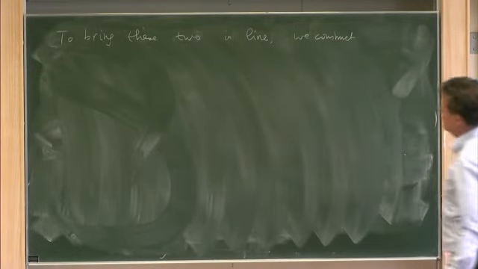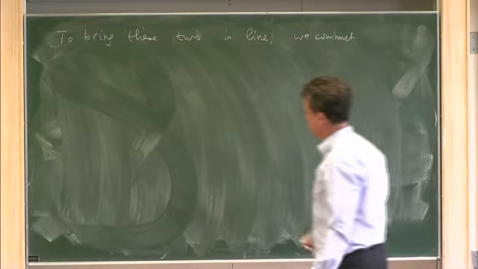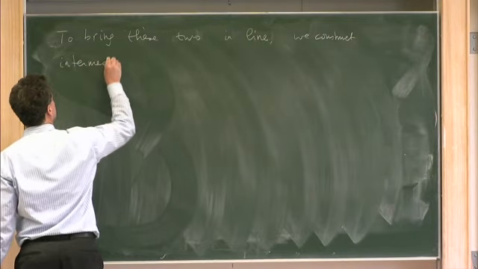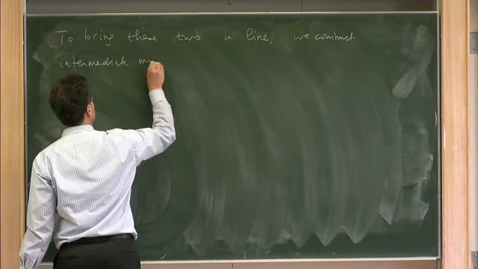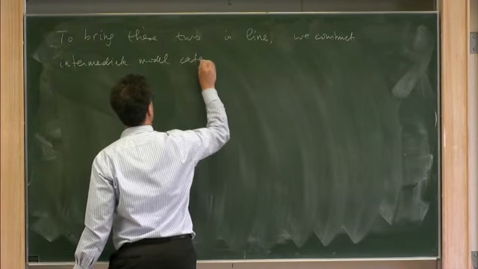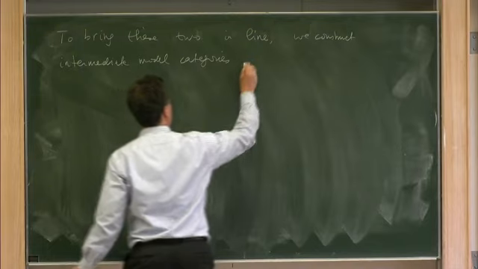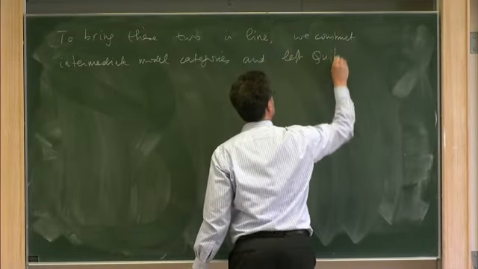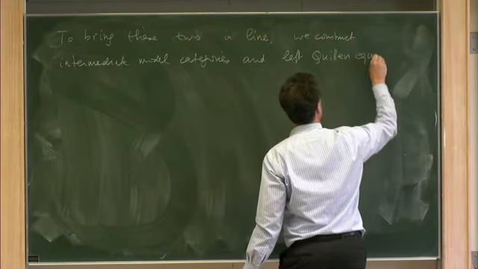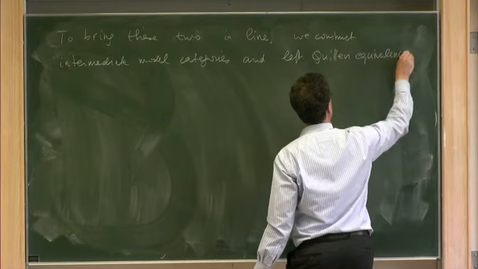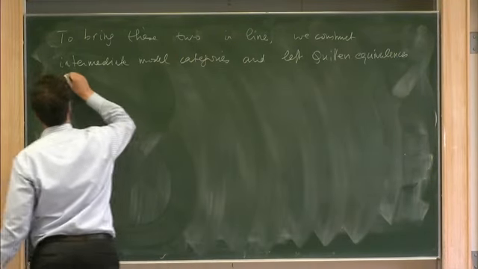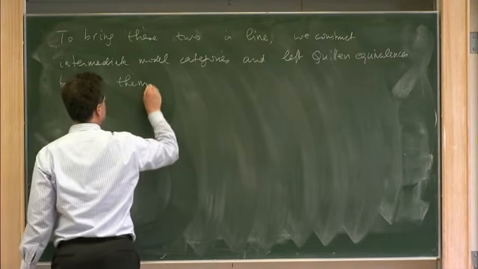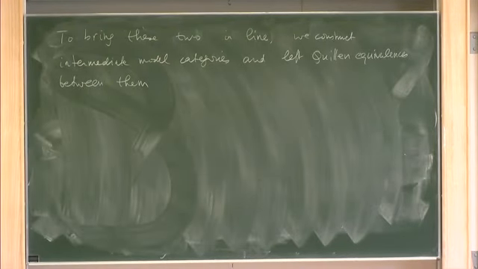Maybe the easiest thing is just to draw a big diagram on the board with all the model categories, intermediate model categories, and left Quillen equivalences between them. And the diagram looks as follows.